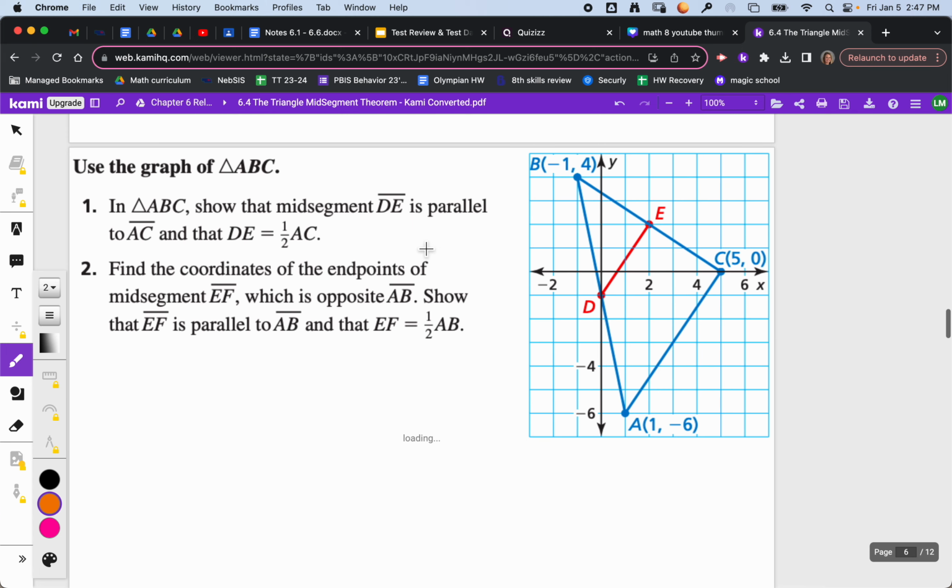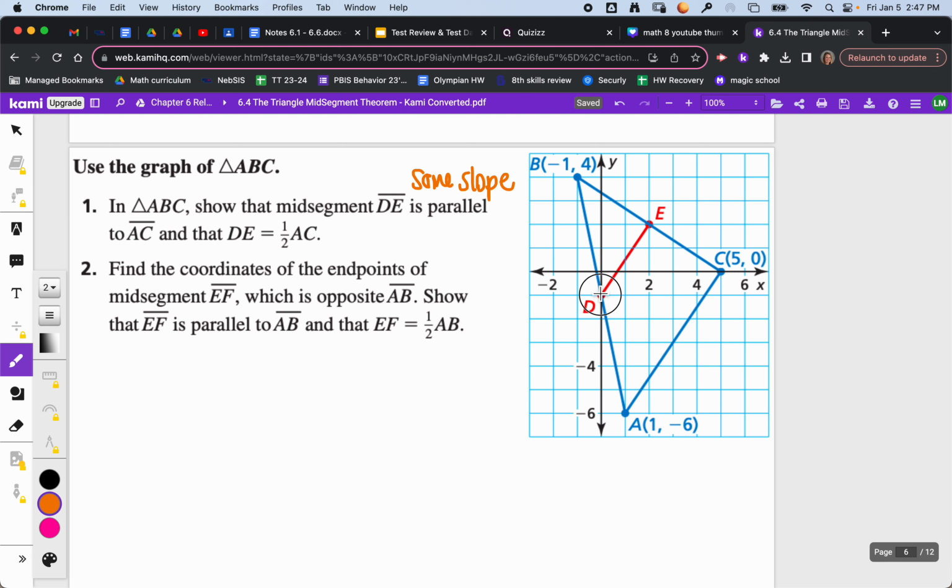So here is a picture of that mid-segment, and it says in ABC, show that the mid-segment DE is parallel to AC and that DE is half of AC. So the first thing we want to do is find out if their slopes are the same, because the same slope would mean they are parallel. Since we have a picture, we're going to count our slope, rise over run.